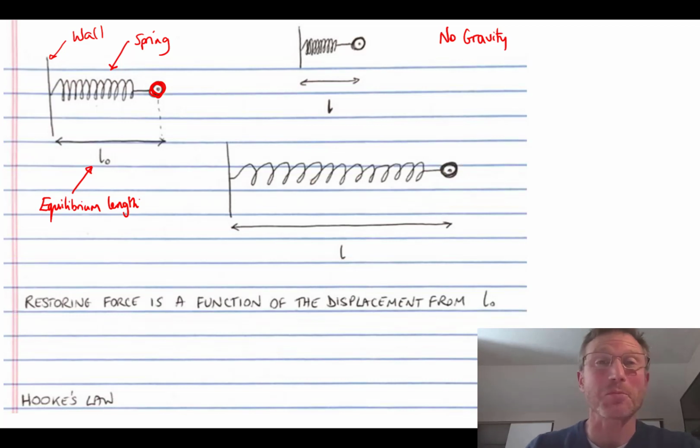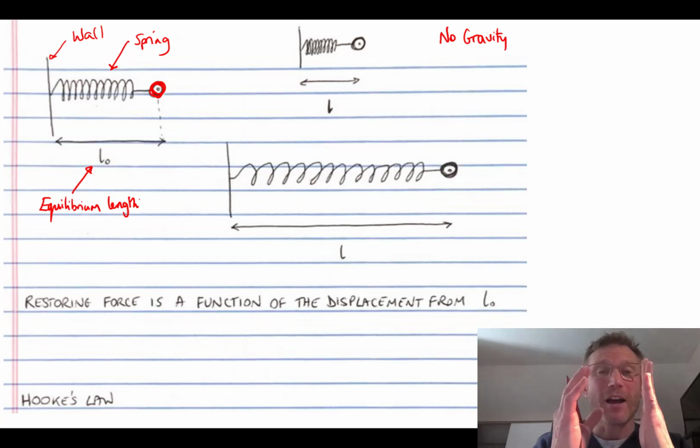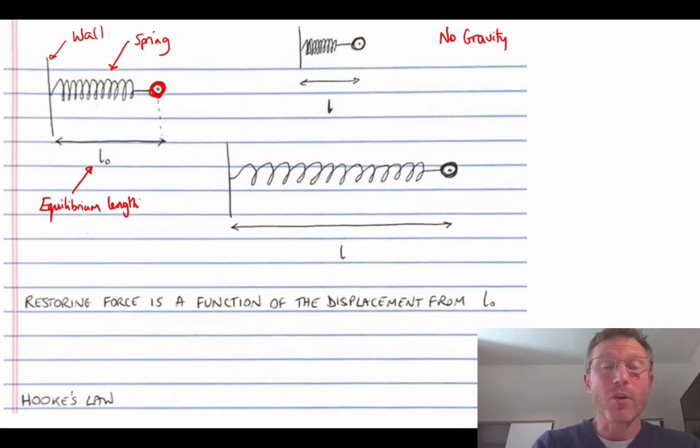And because this is a spring, what happens is we get a compression when we push that ball closer to the wall. We can also imagine, again, there's no gravity here, that when we pull on the ball and we pull it away from the wall, the spring elongates. And the point here is that we've got this value L in here, and this value L is a varying quantity.